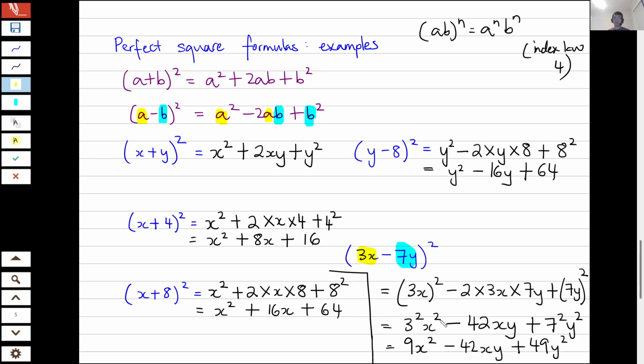Now, let's take a look at this number in the middle here, 42. It's not double 7 anymore because the number in front of x is no longer 1. However, 3 times 7 gives me 21. And if I double that, 21 times 2 gives me 42.